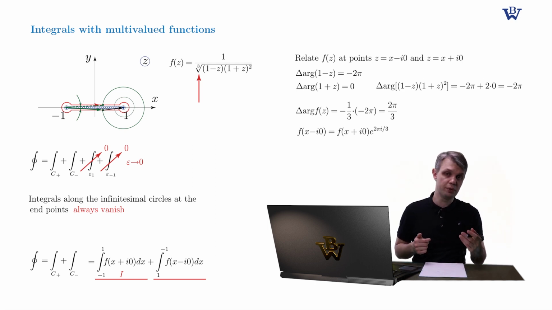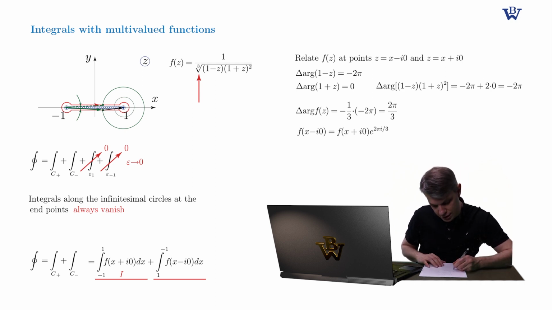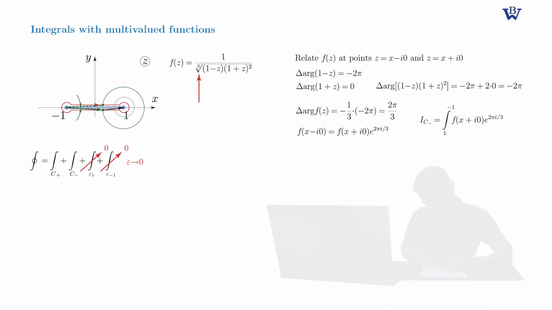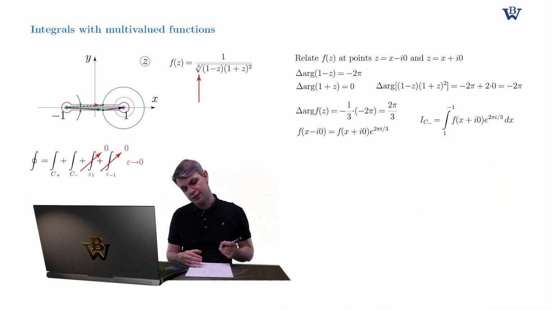Hence, we can rewrite the integral along the lower bank of a branch cut using this relation. So IC minus equals the integral from 1 to negative 1, f of x plus I0, e to the power 2 pi I by 3, dx.